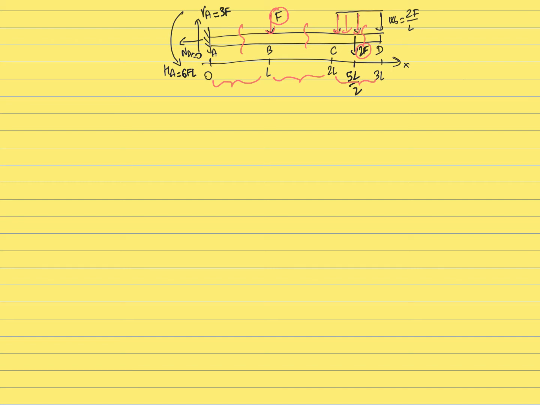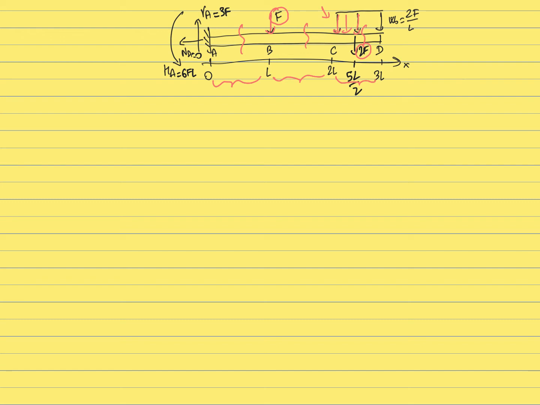The second thing that matters is every time you have a distributed load that suddenly starts at a given point or suddenly stops at a given point, then again you will need to consider different cases depending on whether you cut before or after the distributed load starts, because that will dictate whether a portion of this distributed load is applied or not to the section that you are isolating.